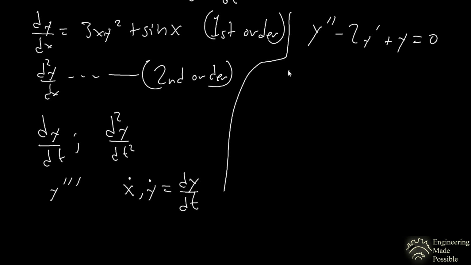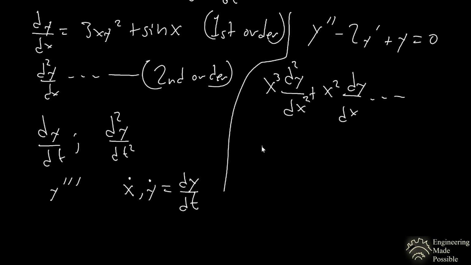Now, let's say you have x cubed times the second derivative d2y/dx2 plus x squared times the first derivative of y with respect to x, and so on. This will still be classified as a linear equation due to the coefficients: they depend on the independent variable itself and not the dependent variable.